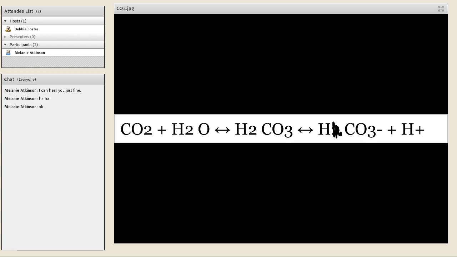All right, so this, as I mentioned, is a bicarbonate buffer system, and it helps us in understanding acid-base balance. When we talk about acid-base balance, we're really talking about how our body maintains its normal pH. Your study guide points out that the pH of body fluids varies depending on what we're talking about.